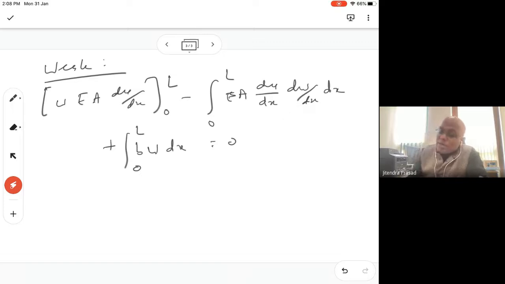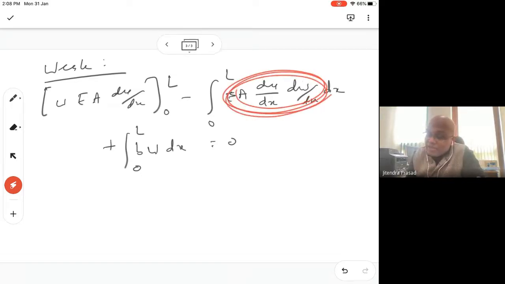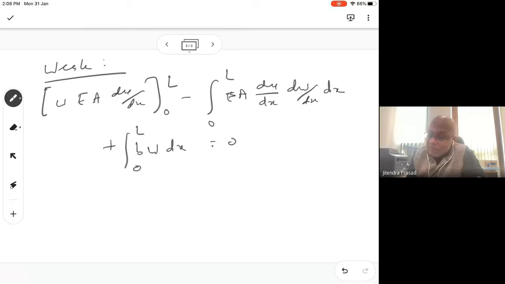Now we will do integration by parts of this term, the way we did earlier. What will we get? Exactly the same thing.